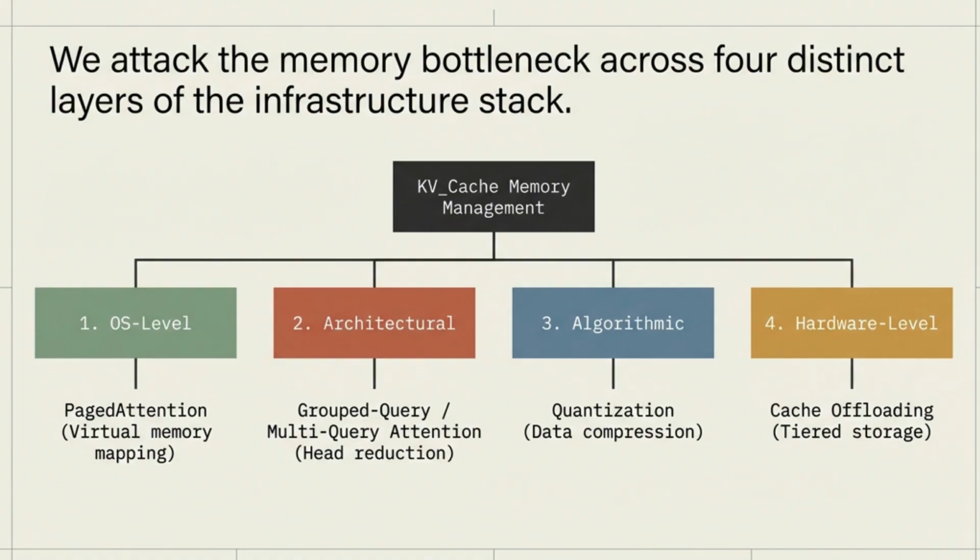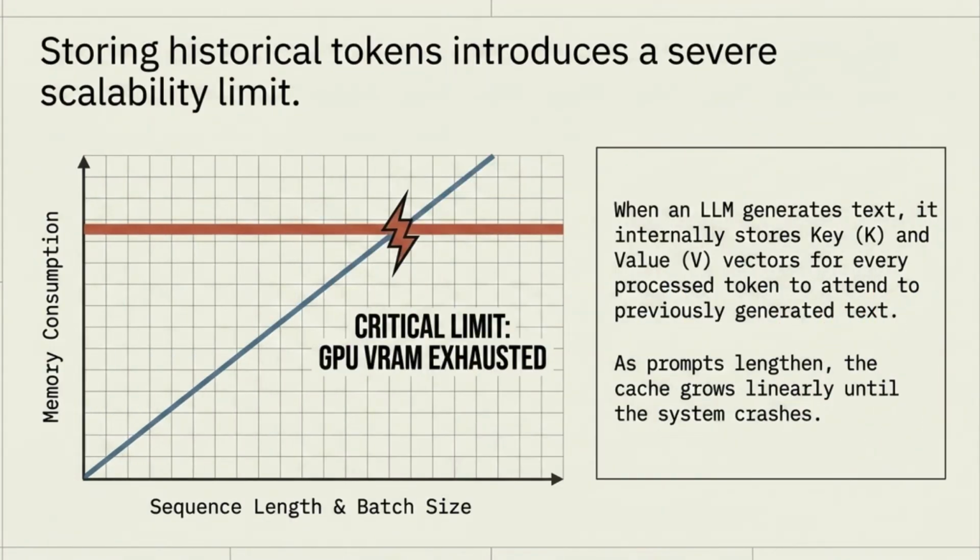Before we solve it, let's really understand it, right? Because the depth of the problem is what makes the solutions make sense. When an LLM generates text, it internally stores key and value vectors, K and V, for every single token it processes. That's so it can attend back to everything it's already seen. And here's the kicker.